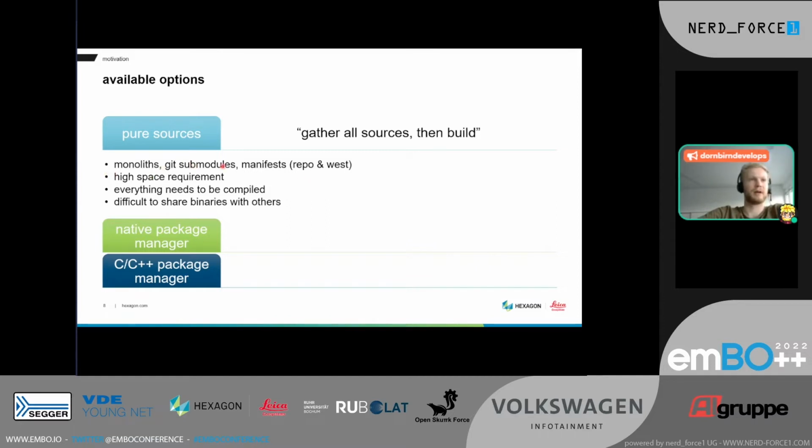Things that I would count into this section would be monoliths and Git submodules, as well as text that tells you where to find the sources. I am looking at repo and west as tools there respectively. The downside of this one would be that you have a high space requirement because you need all these sources in one place.